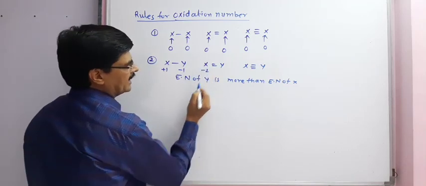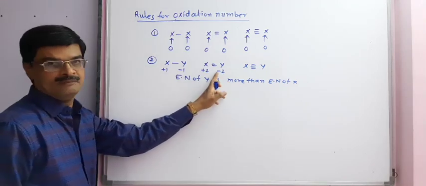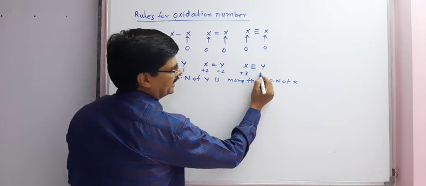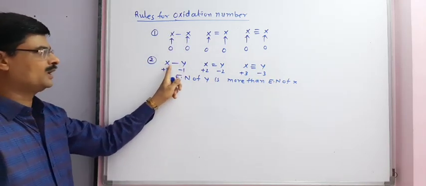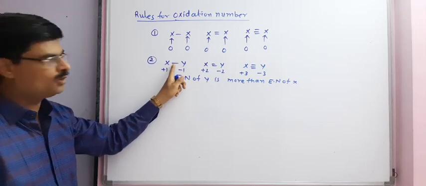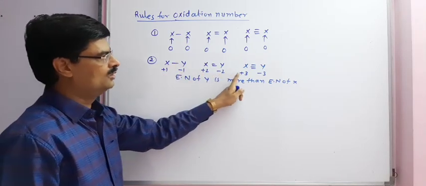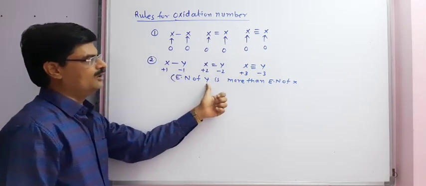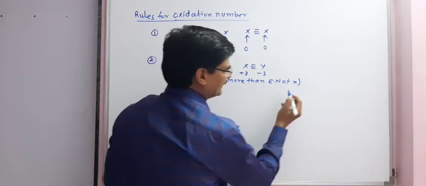For the double bond, X gets plus 2 and Y gets negative 2. Same way for X it is positive 3, and for Y it is negative 3. So once more, for X and Y, if it is a single covalent bond, plus 1 minus 1, here it is plus 2 minus 2, plus 3 and minus 3. Remember, the electronegativity of Y is more than the electronegativity of X.